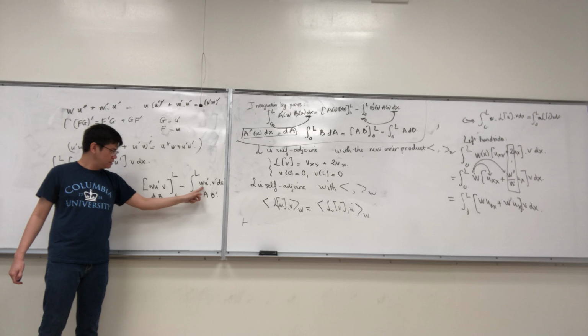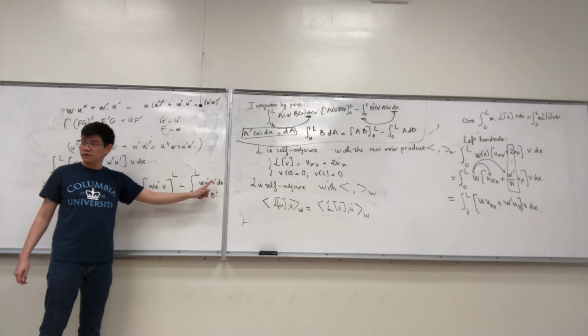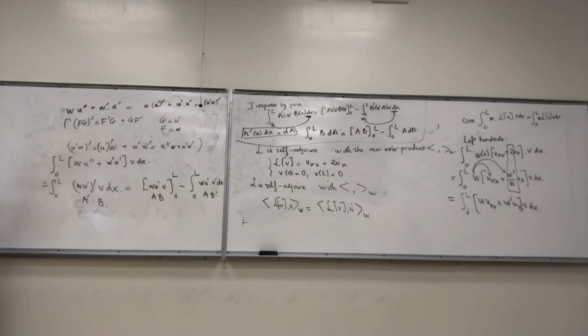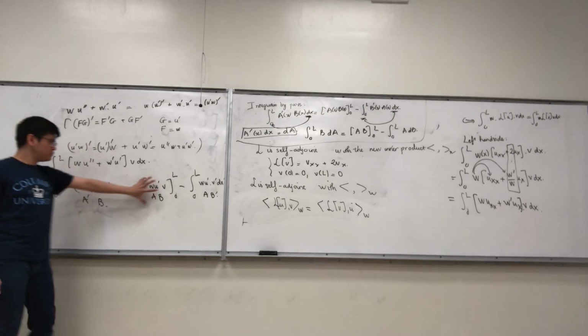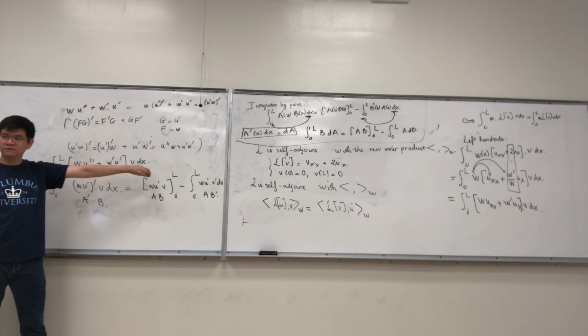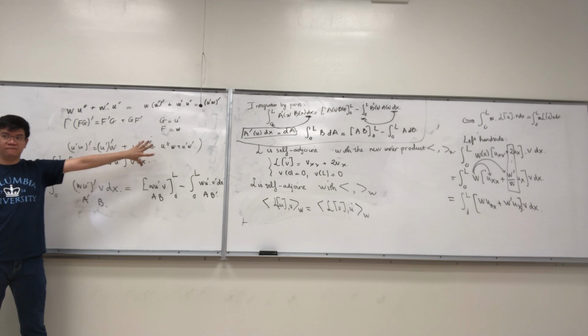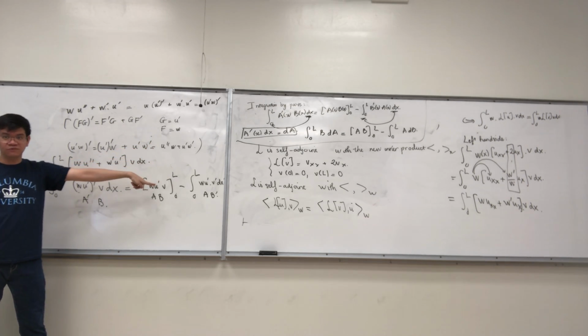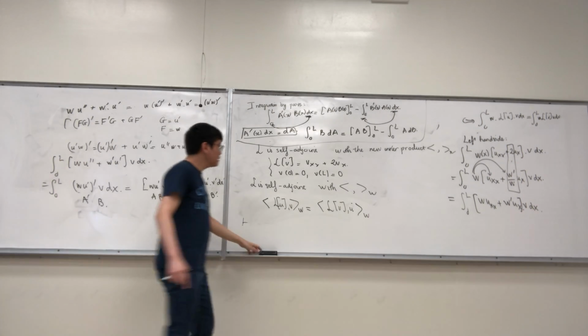So this is A, which is W U prime, and B prime will be V prime. All right? Questions? It's clear? So this one is what? What is the value of this guy? This is 0, because of the boundary condition.